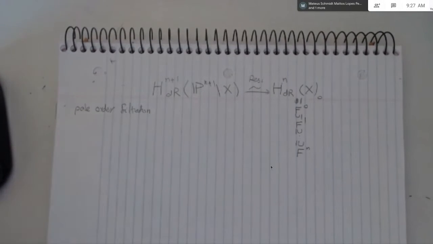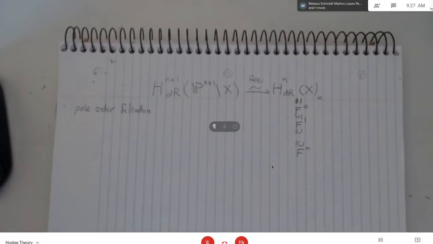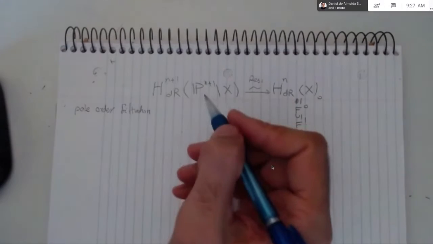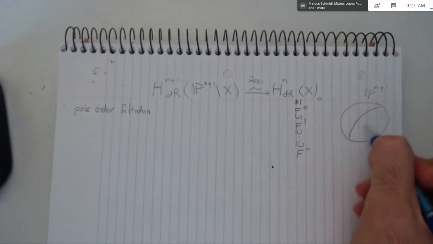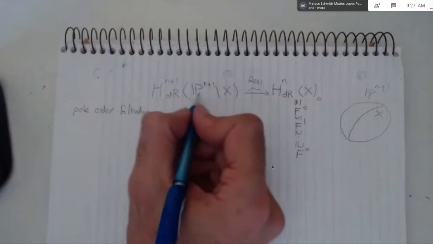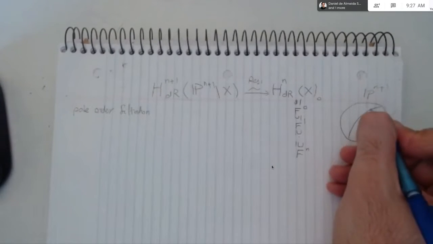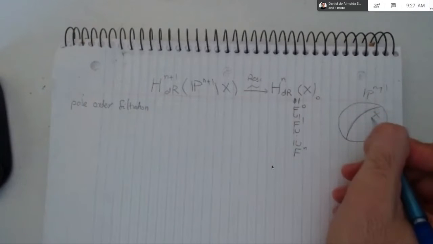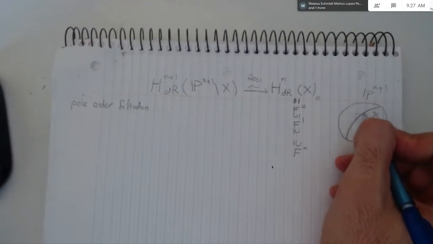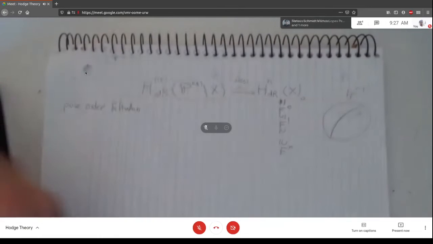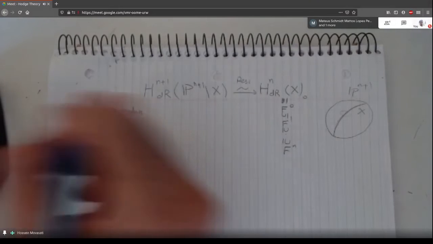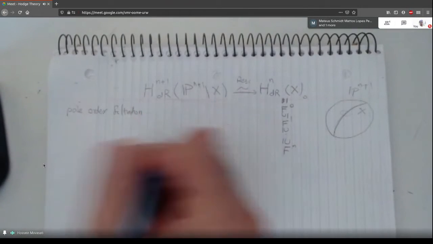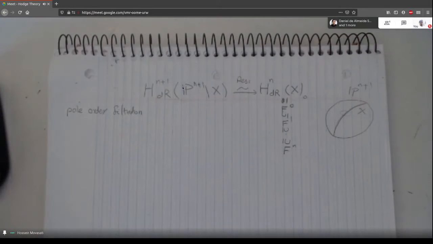So we have here the polar filtration. Remember that in P^{n+1} we have the hypersurface X. The differential forms here are algebraic differential forms, and hence they have poles along X. So let's say pole order 1, pole order 2, up to pole order k.